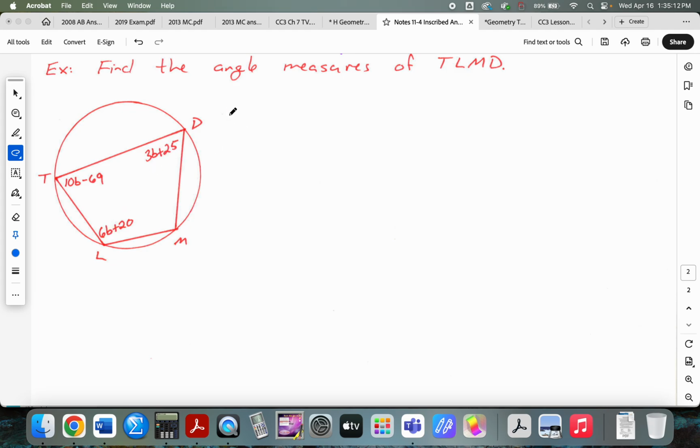So angle D and angle L. So 3B plus 25 plus 6B plus 20 has got to be equal to 180. Combining the like terms, that's 9B plus 45 is 180. So 9B is 135. Turns out that B is 15.